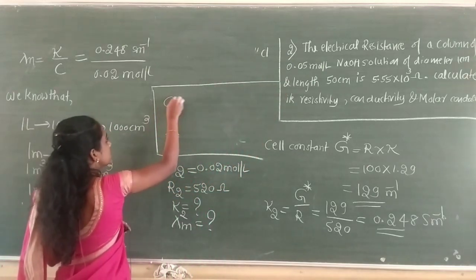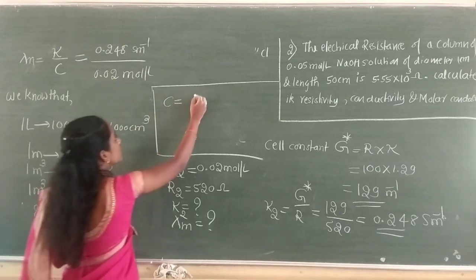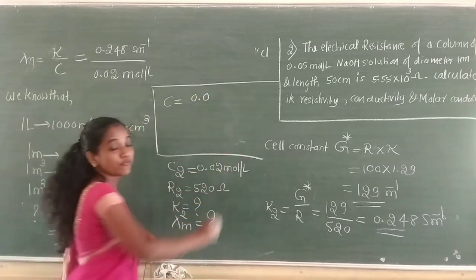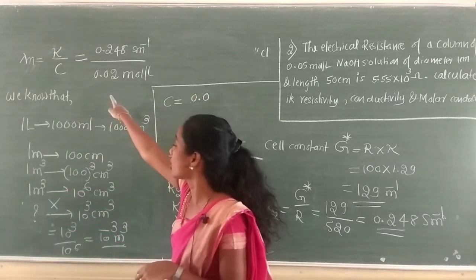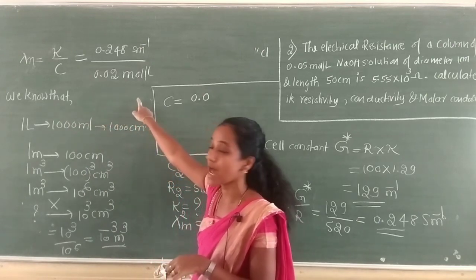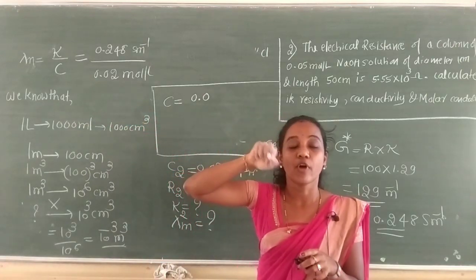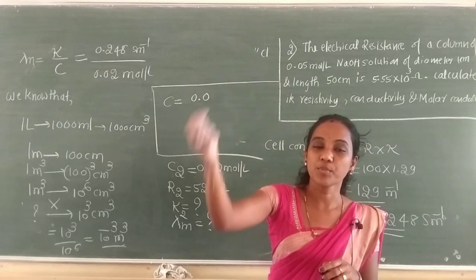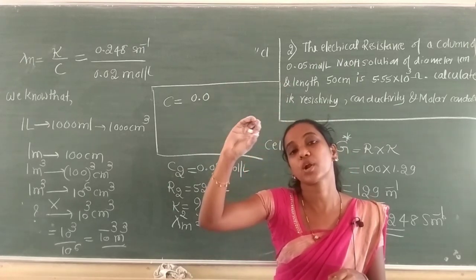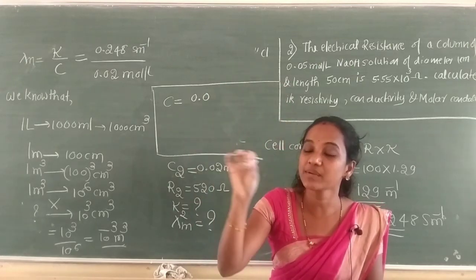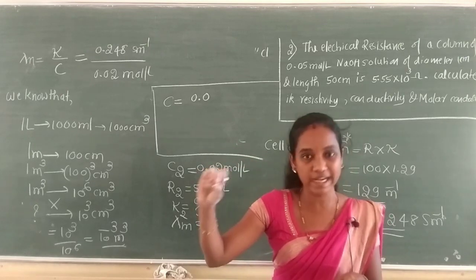So let us write the concentration. If the concentration is given in terms of molarity, what is the formula? Molarity is equal to number of moles divided by volume of the solution in liters.